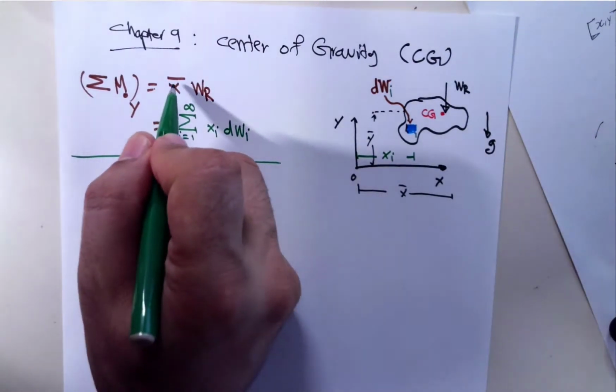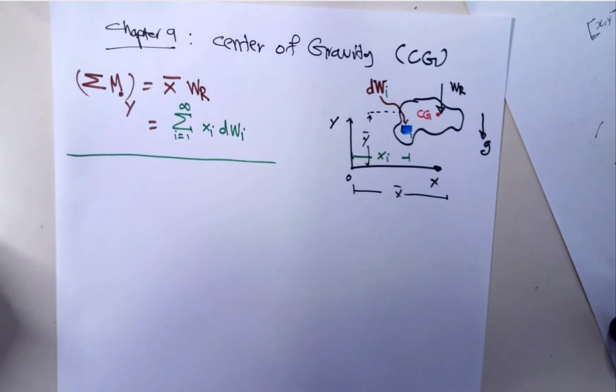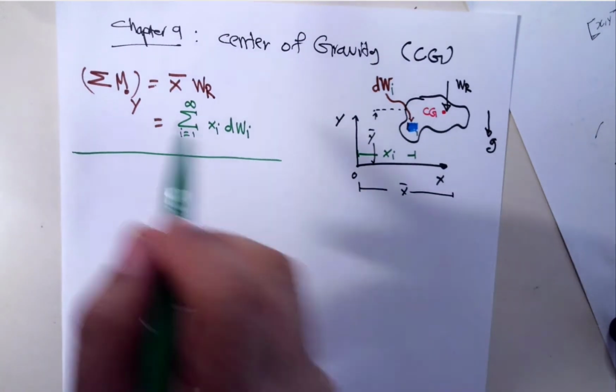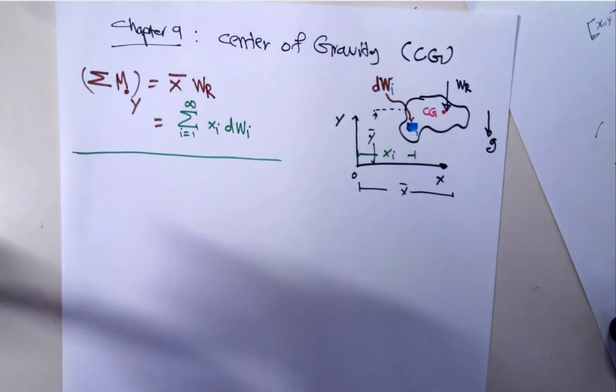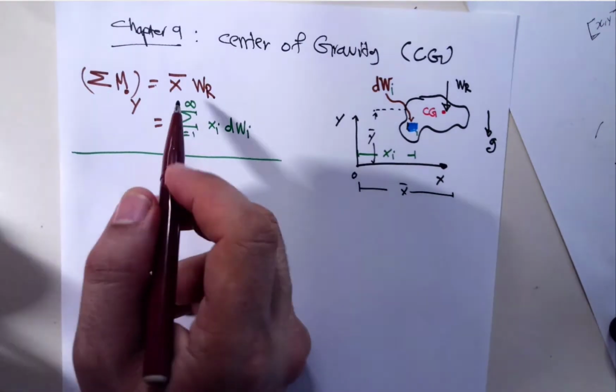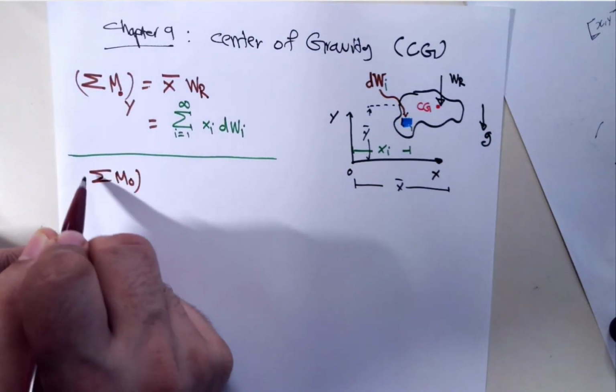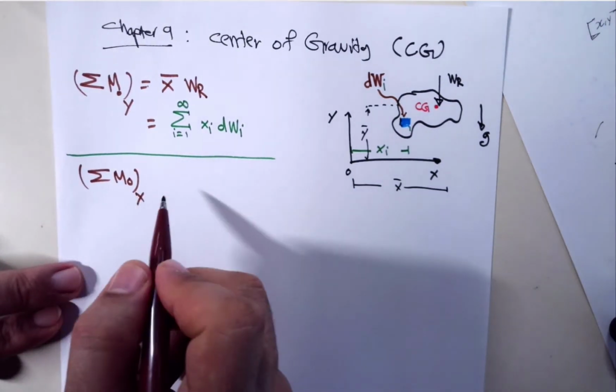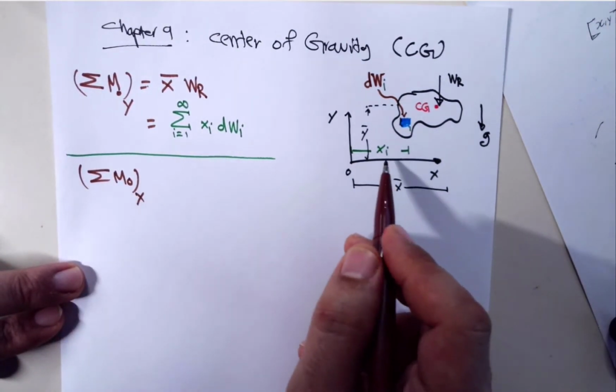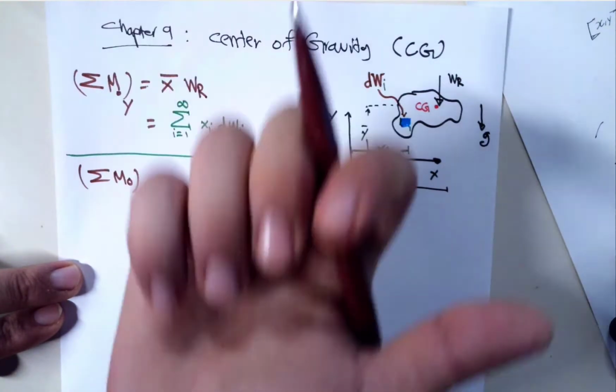Now, x bar means the location of CG in x. If I want to calculate the location y bar, I do the same thing, but this time I compute the moment about the x axis.